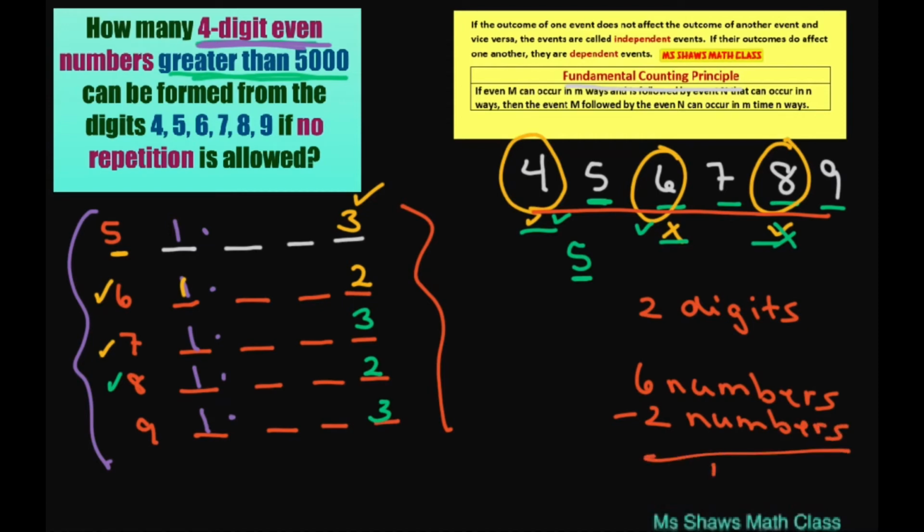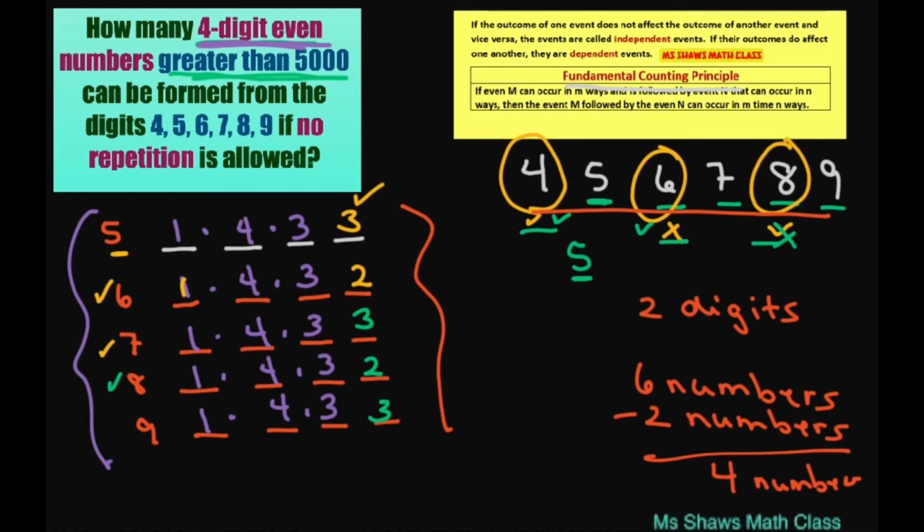So we only have 4 numbers left. So all you do with the middle terms is write 4 times 3, 4 times 3, 4 times 3, 4 times 3, 4 times 3. All right, that's one way to do this.